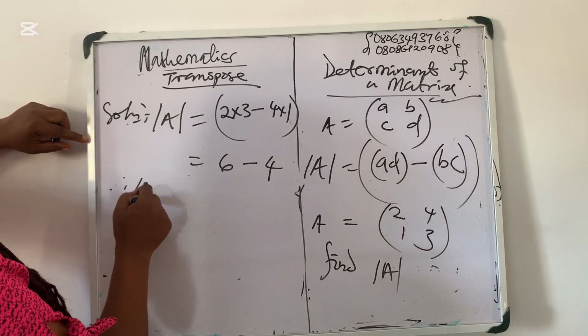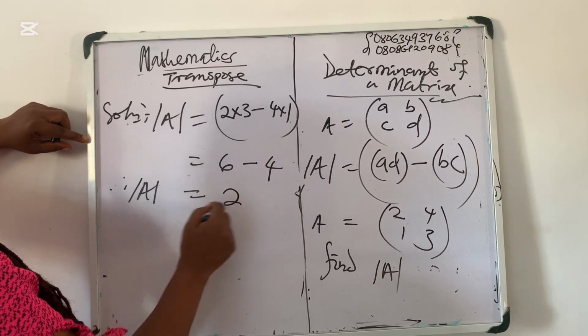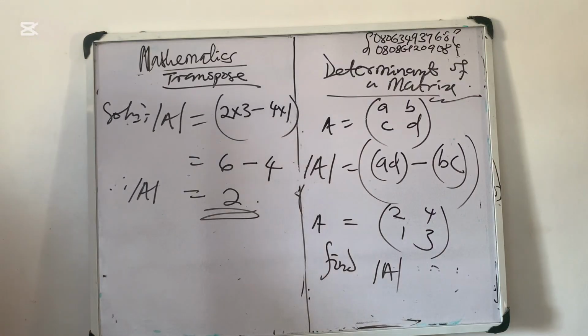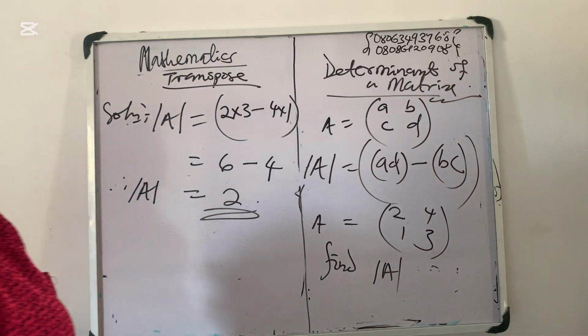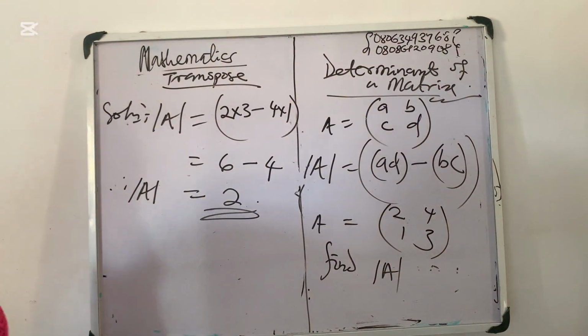Therefore, the determinant of A equals 2. This is order 2 by 2.